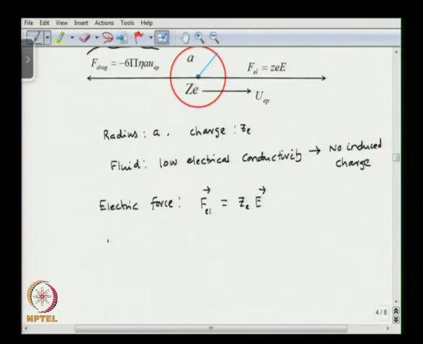So you would have a drag force opposing the motion of the charged particle, and that is given by minus 6 pi eta a into the velocity of the particle, let us call it the electrophoretic velocity.